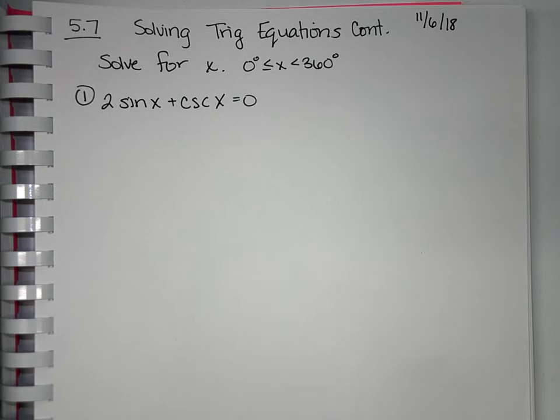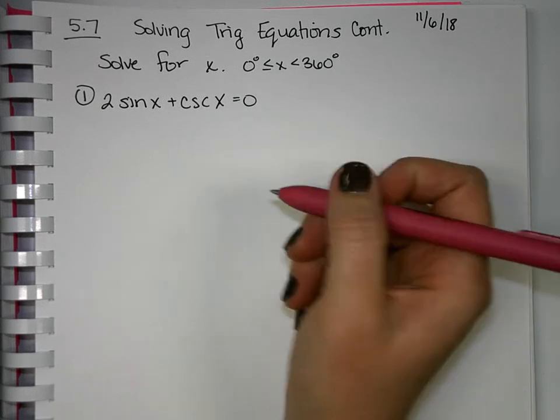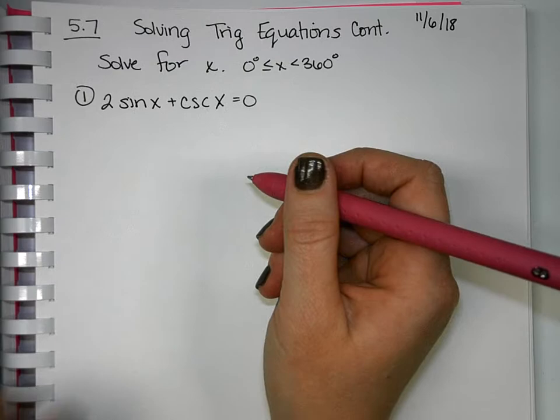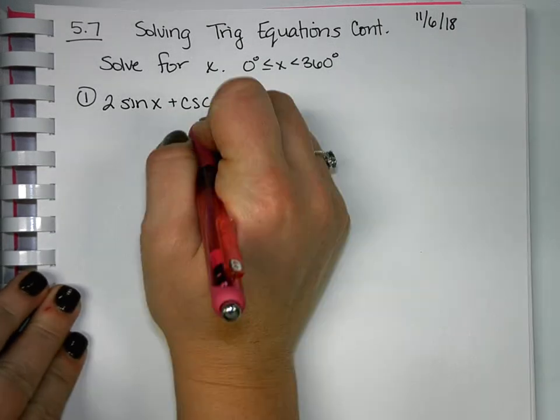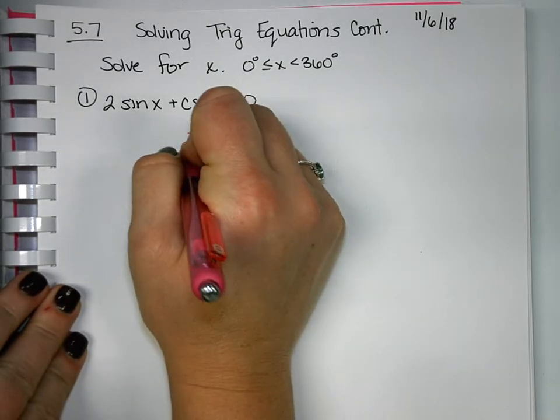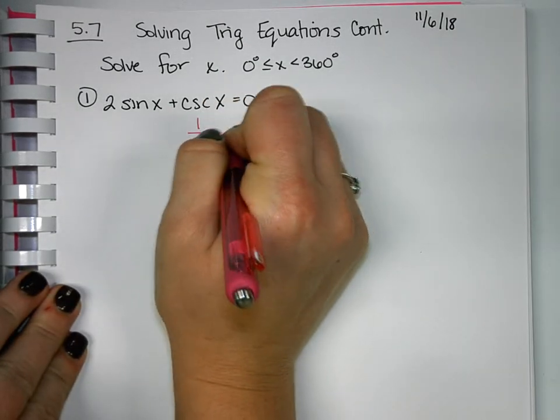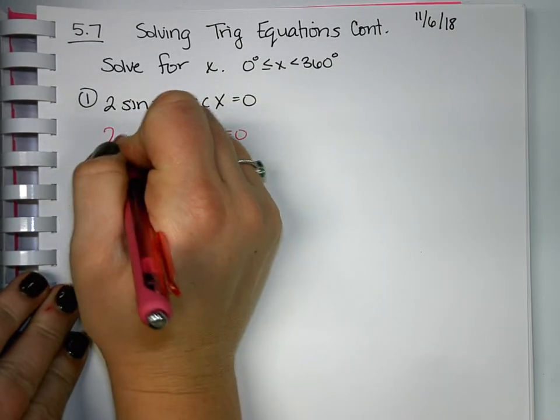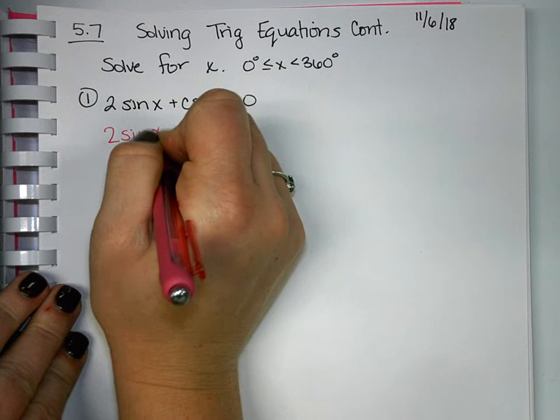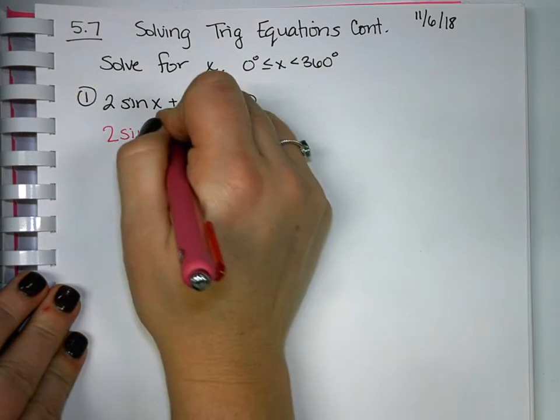So how can I change one of these to match the other? Well, cosecant is 1 over sine. So now I have sine x in my entire equation.